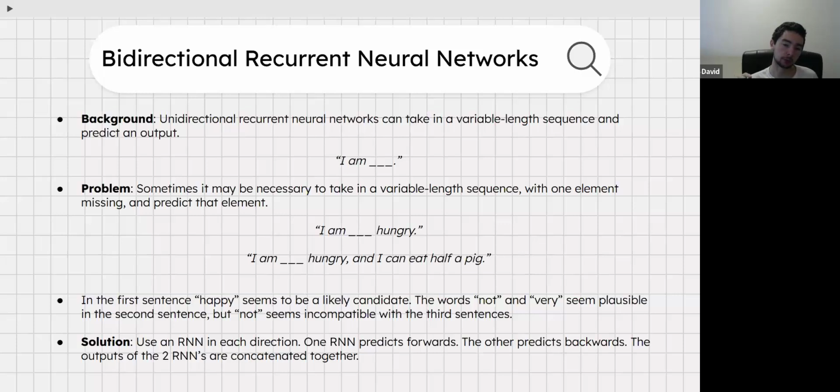At each stage, we'll predict what the next word is, and then we'll incorporate both the forward prediction and the backwards prediction together. So you can think of this as reading the sentence forward and backward at the same time.